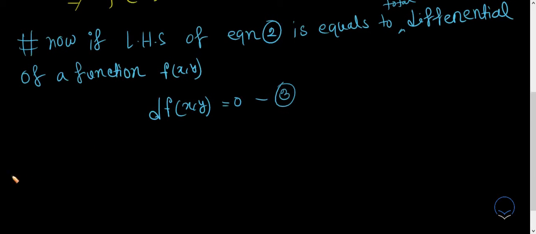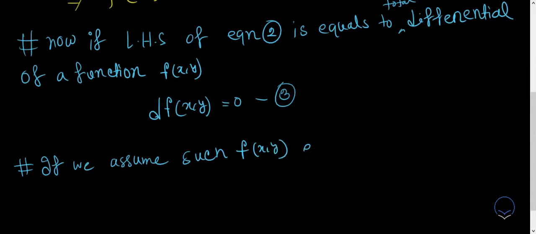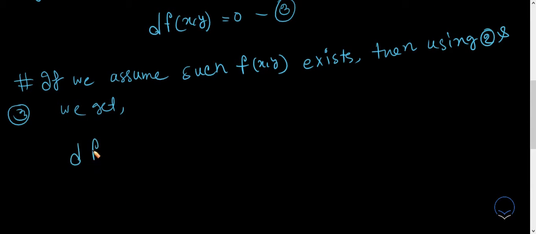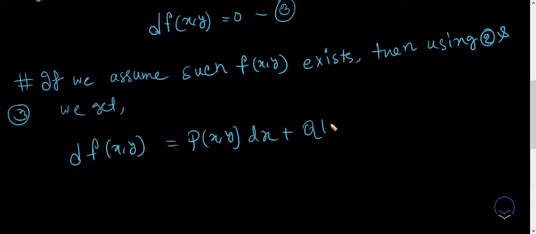So we are demanding, that is our demand, if we assume such f of x y exists, then using 2 and 3 we get d of f of x y is equals to p of x y dx plus q of x y dy.